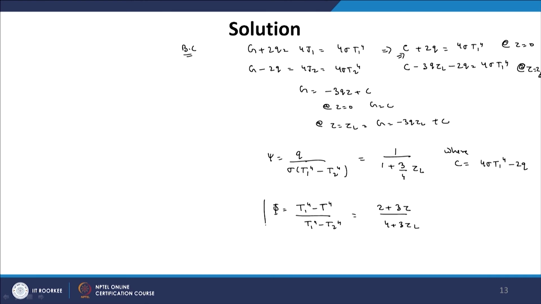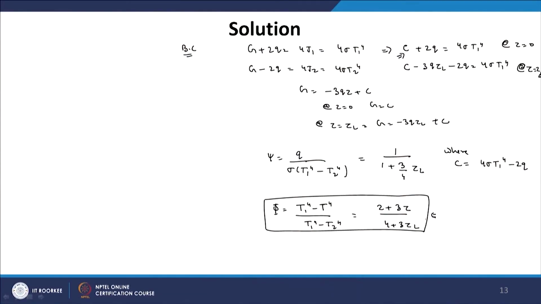So, this is the expression for the non-dimensional emissive power, or basically a measure of temperature distribution between the two parallel plates. So, temperature power 4 or the emissive power varies with this expression.